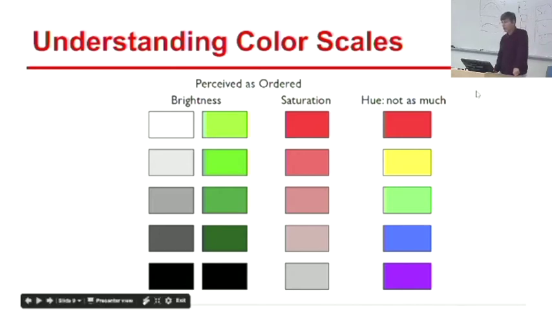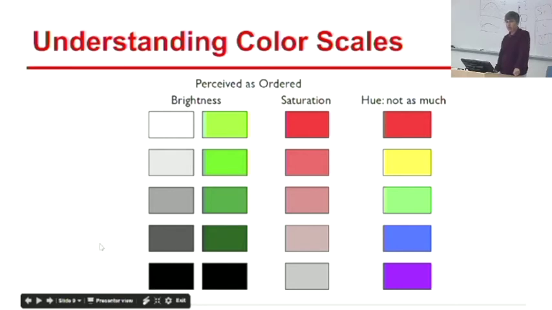Which is a better way to represent the color scale? Is it with something like brightness or saturation, or is it with hue, having lots of different colors on it? With saturation or brightness, to my mind, there is a linear order.